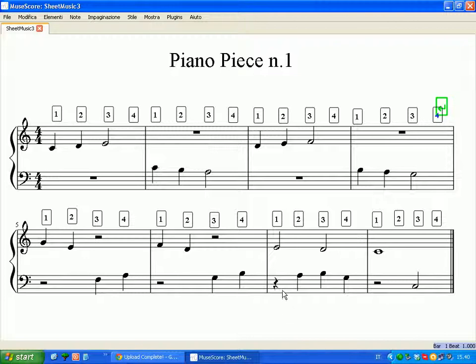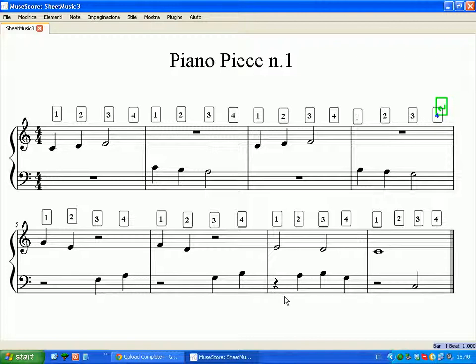So now I'm going to show you how to sing the 7th bar. Now, of course, we are talking of the left hand staff. So here we have a quarter note rest, then 3 quarter notes. So each note will last 1 beat, and of course also the rest.